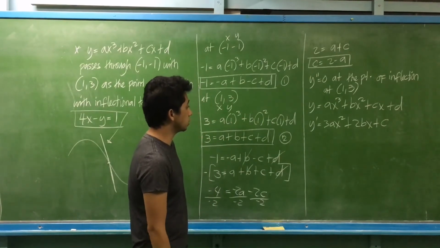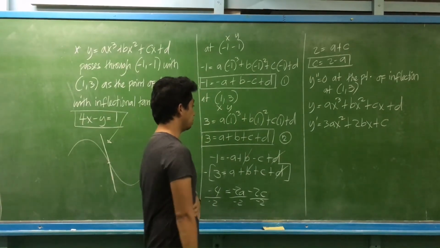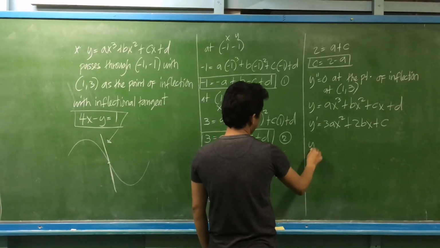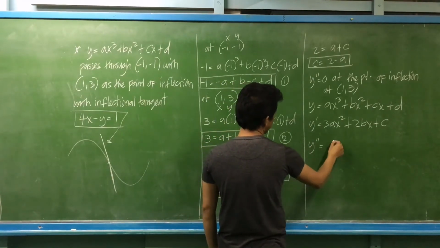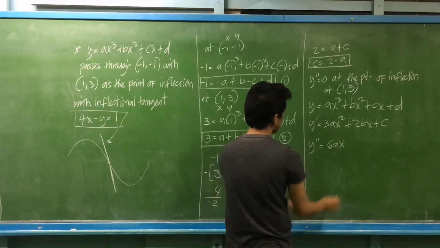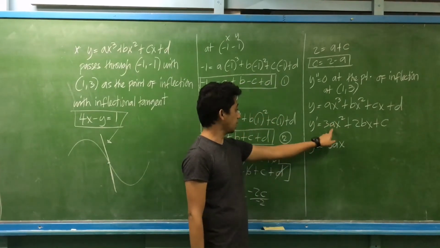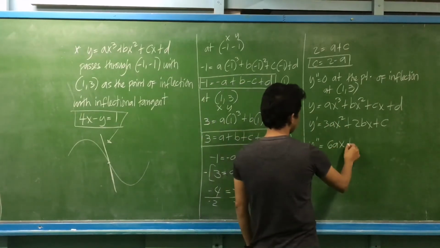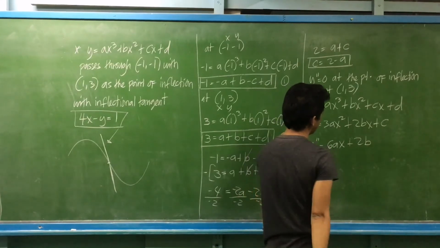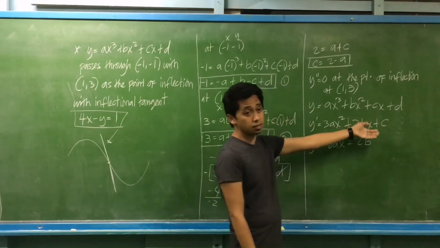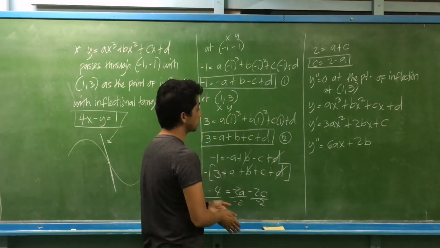That is the first derivative. For the second derivative, we have y double prime is equal to 6ax, that is 2 times 3ax, plus this is now 2b, and the derivative of c is constant, that will be 0.